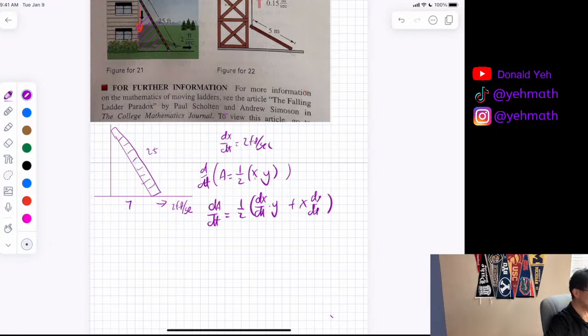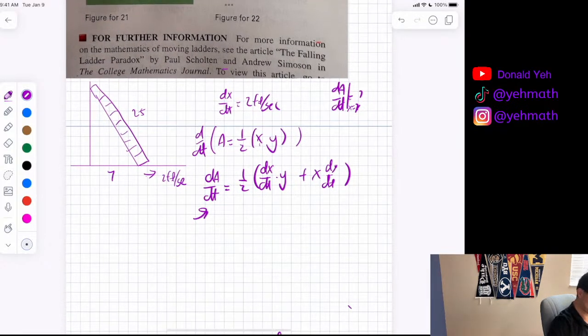Am I going too fast? They are looking for dA dt because dA dt is unknown. They ask how fast the area is changing, so dA dt when x equals 7. When x equals 7, y is equal to 24, so we already have all the information. Now I'm just worried about plugging in.